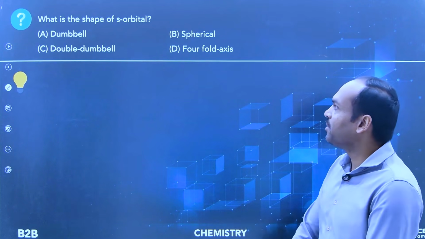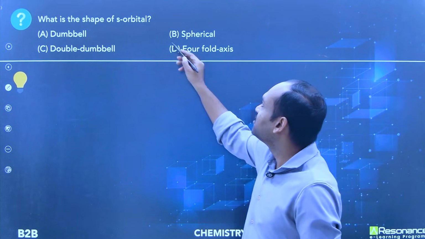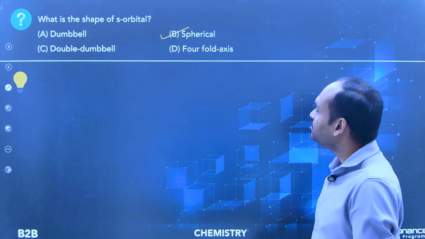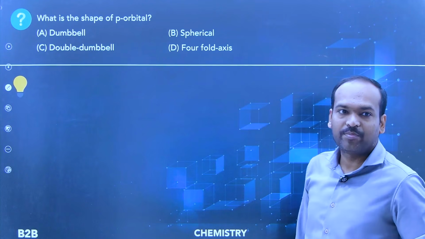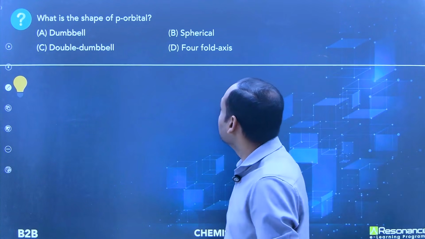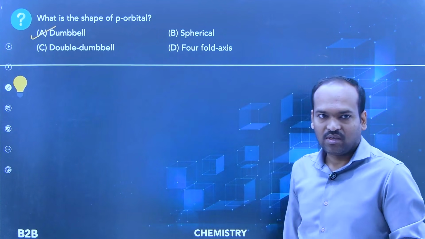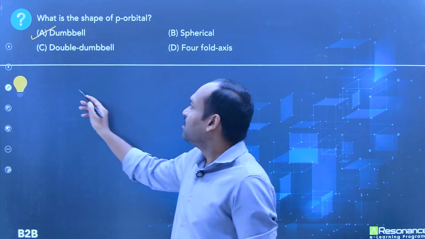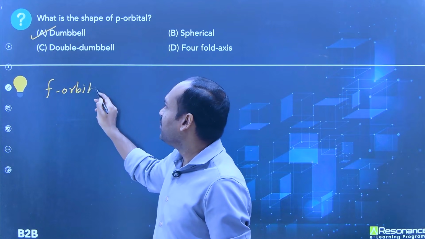What is the shape of s orbital? S orbital is spherical. Shape of p orbital? Yes, dumbbell. Okay, dumbbell shape. So I skipped f orbital, remember this.